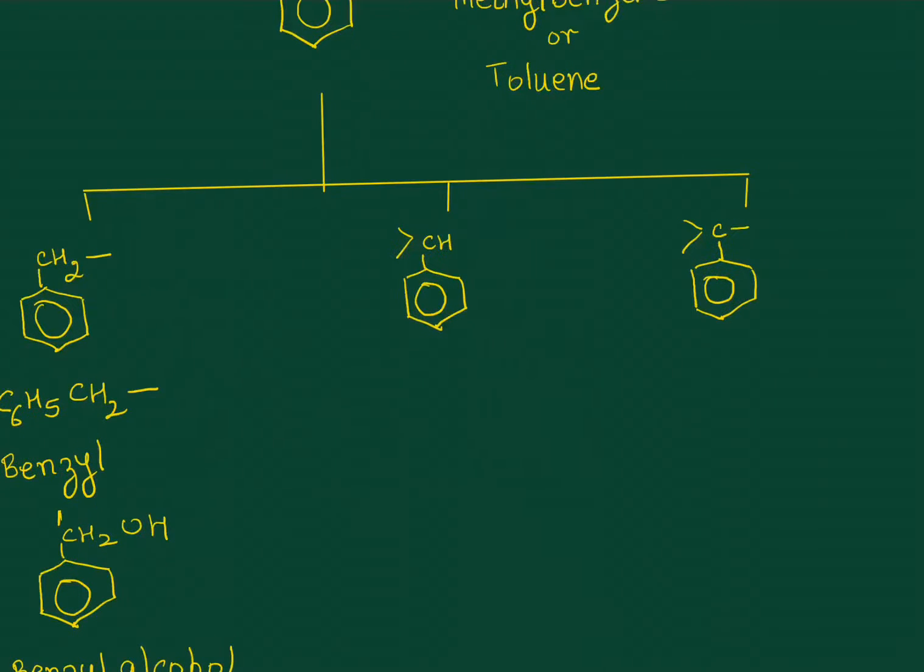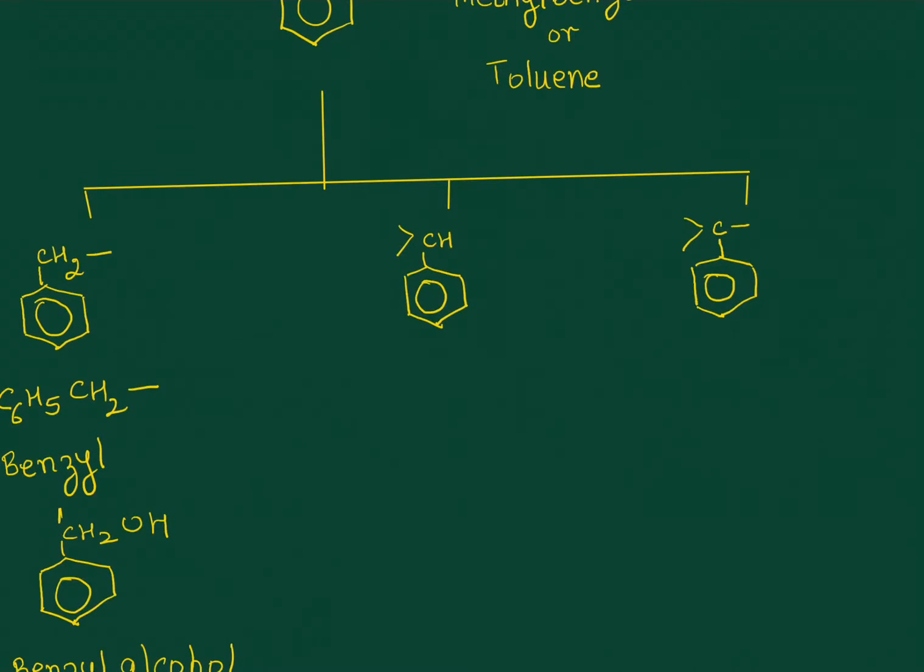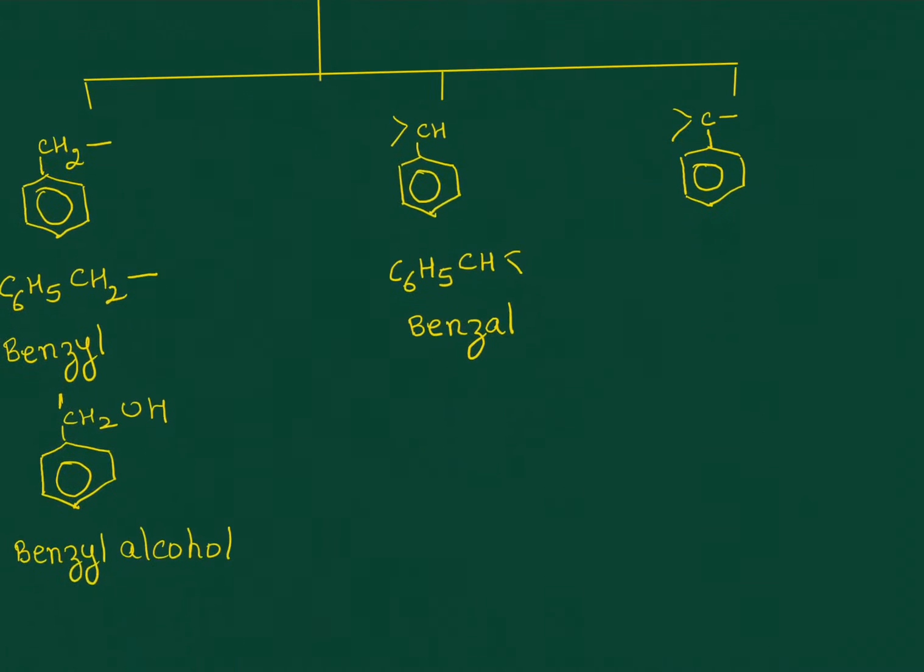Now come to the second case where what I do is I replace 2 hydrogen by some other group. So this, in other words, becomes C6H5CH group, right? This is what we call as benzyl. Yes, of course, you got it right.